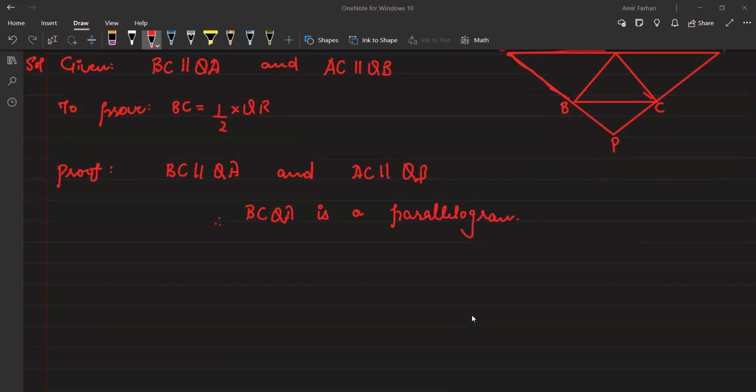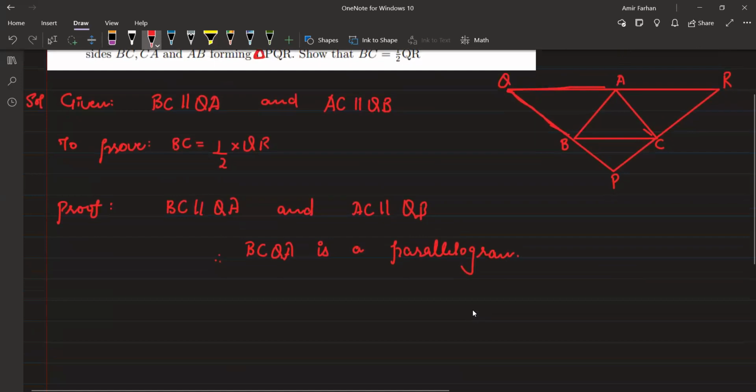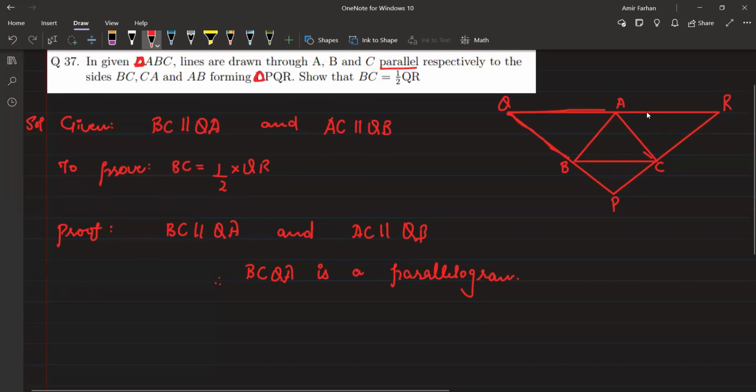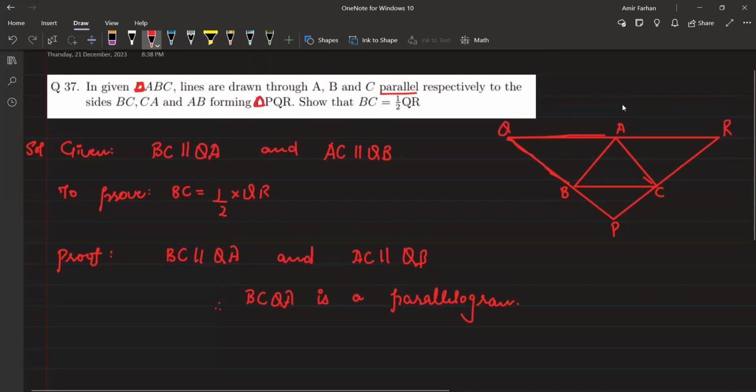Similarly, we can also prove BCRA, this part. AB will be parallel to RC. Am I clear to everybody? Please let me know. Yes, sir. And AR will be parallel to BC again. Clear? So opposite pairs are parallel. It means that this portion is also a parallelogram.